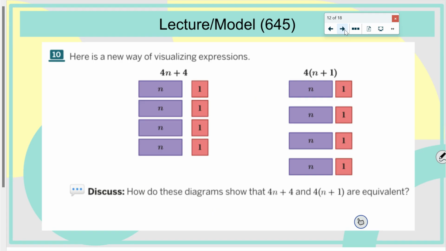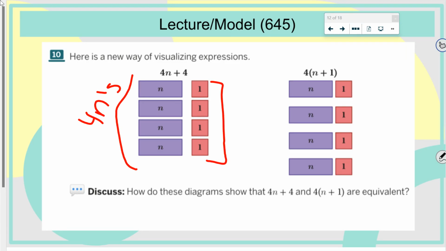How do these diagrams show 4n plus 4 and 4 times n plus 1? The first one is very clear, 4n plus 4. We have 4 n's, and then we also have 4 units. So that's where the 4n plus 4 comes from. Now let's look at 4 times n plus 1.